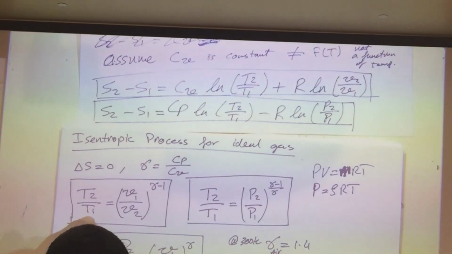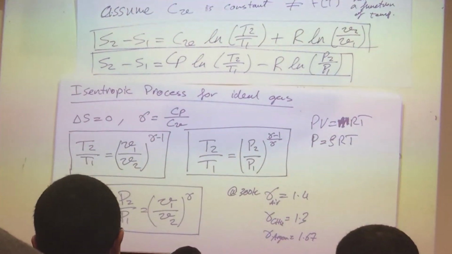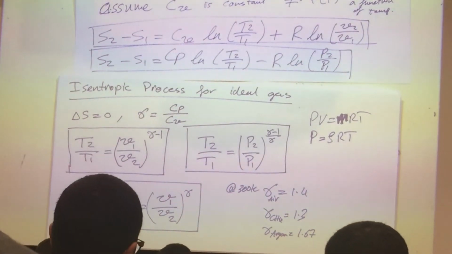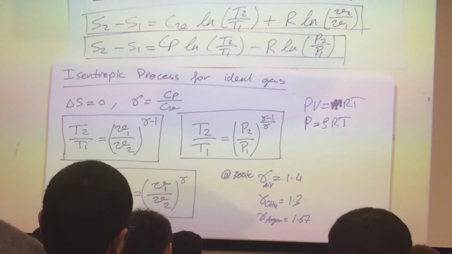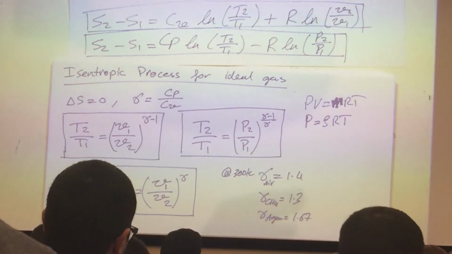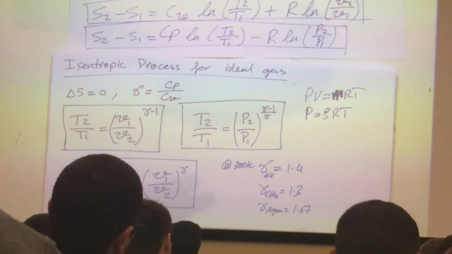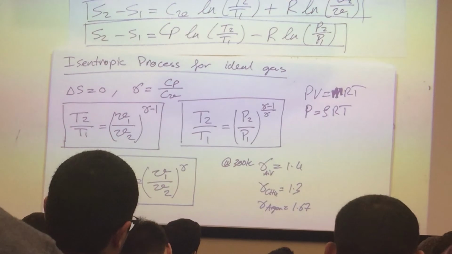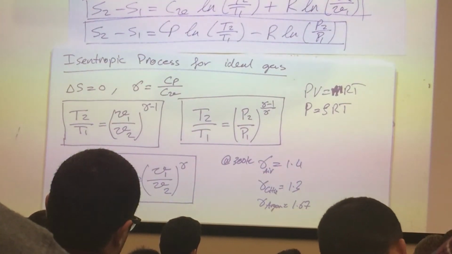Gamma is going to be changing throughout your engine because you're seeing significant temperature changes. We assume constant CP and constant CV, but in reality, they're going to change as well. We're going to account for that, and you're going to see how much difference that change induces in your calculations.